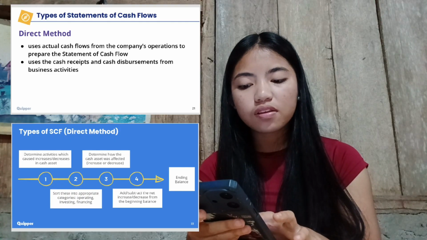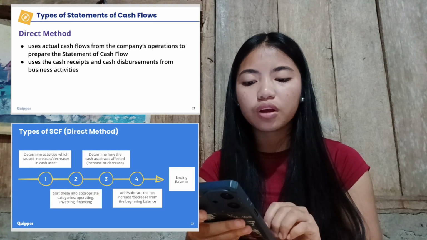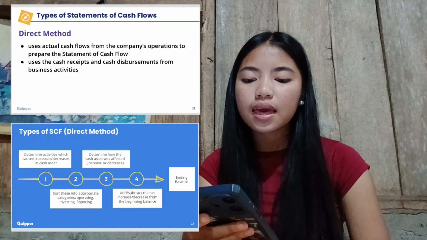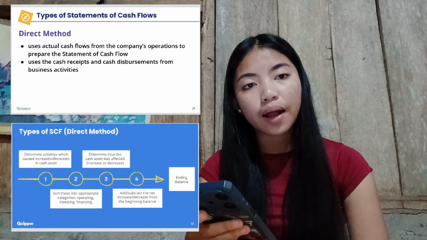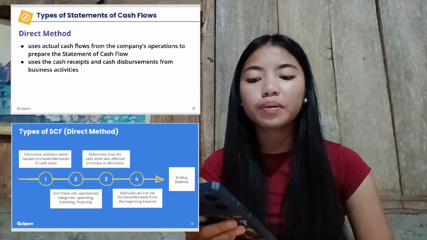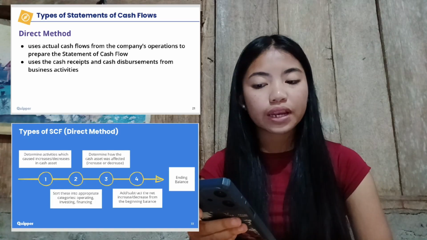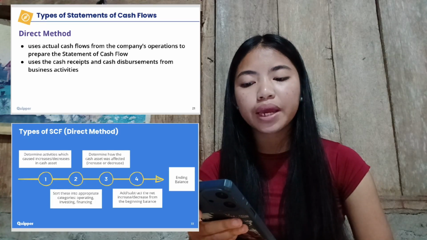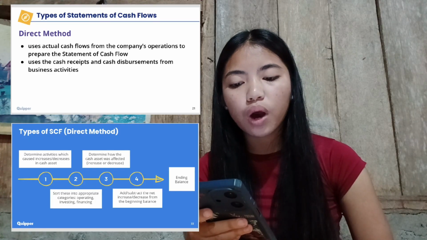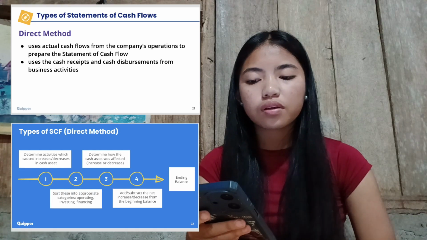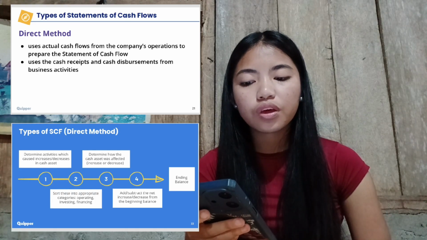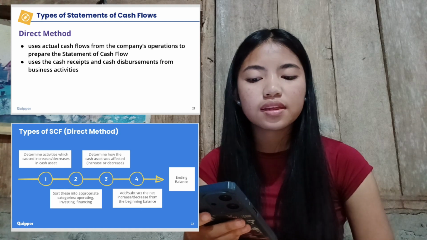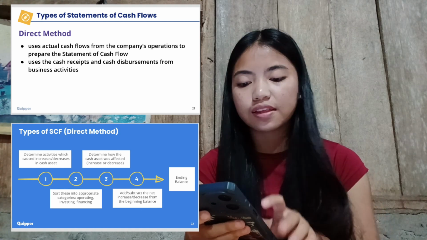And next, you have to sort these into appropriate categories, whether it's operating, investing, or financing. Then you have to determine how the cash asset was affected, whether it increased or decreased.